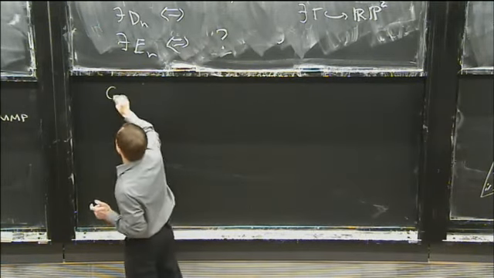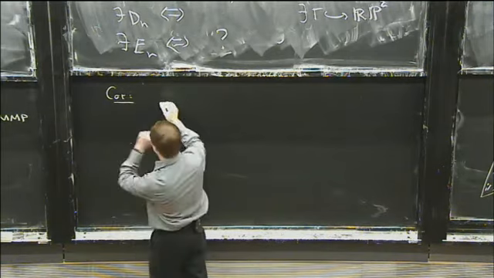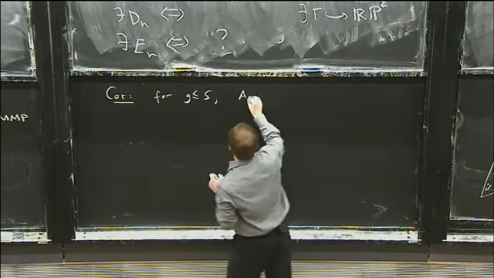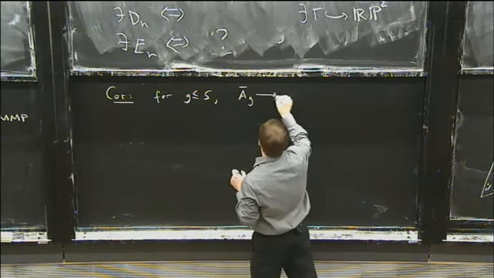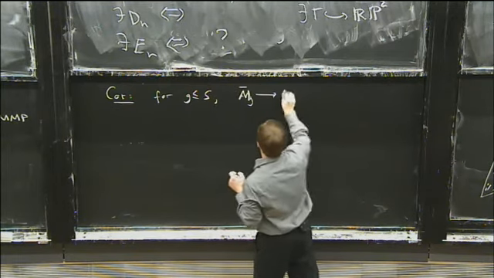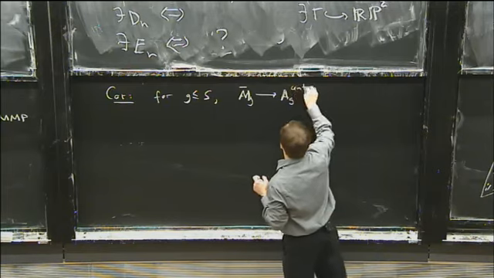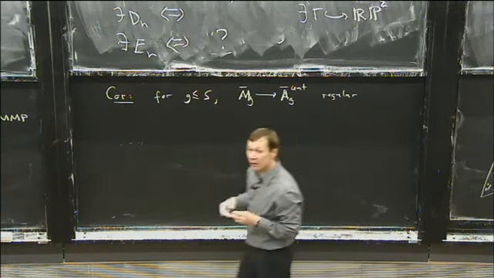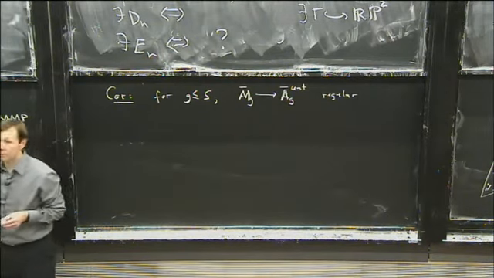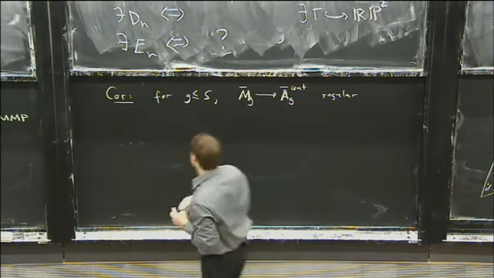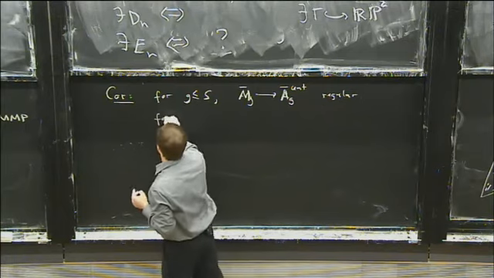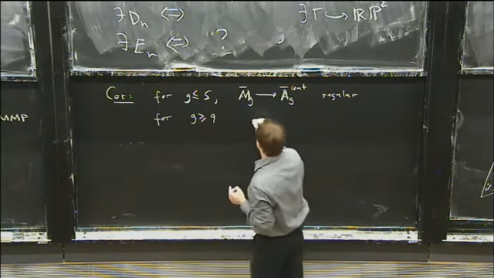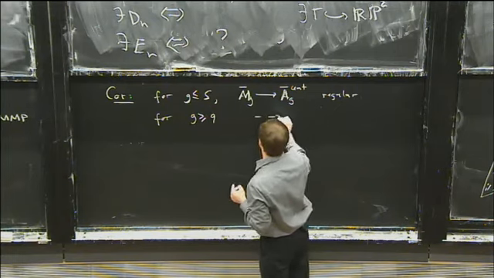But the corollary is that for genus up to 5, this map from Mg bar to Ag to the Igusa blow-up is regular. That's just because up to genus 5, every graph is either planar or projective planar. And for genus 9 and higher, it is not regular.